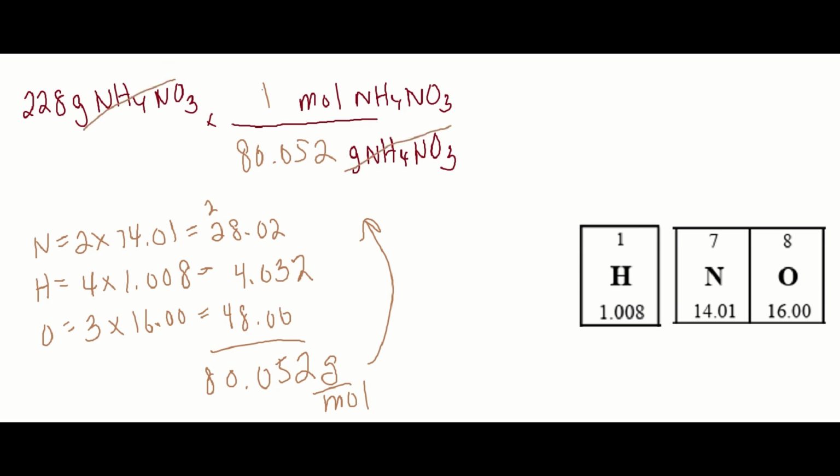Let's cancel out the units. And now we can convert this into the number of moles of total gases, because like I said, it doesn't matter the identity of the gas. So from our balanced equation, for every 2 moles of ammonium nitrate, 7 moles of gas was produced.